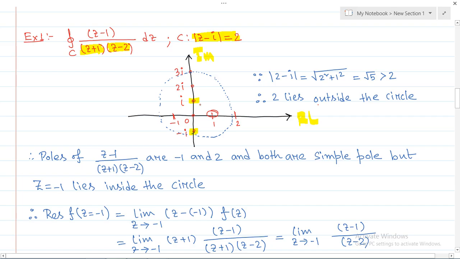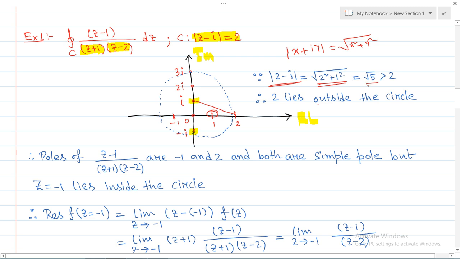We have to take the distance between this center and the point 2, that is mod of 2 minus i. You know how to calculate the mod of x plus iy: it can be calculated using the root of x square plus y square. Using this formula I have taken the root of 2 square plus 1 square, because the coefficient of i is minus 1, so minus 1 whole square will become plus 1.